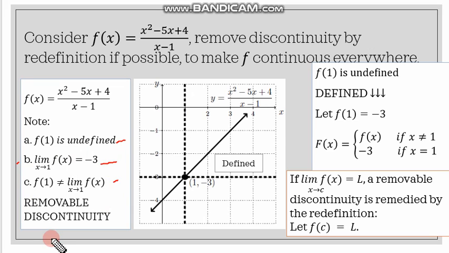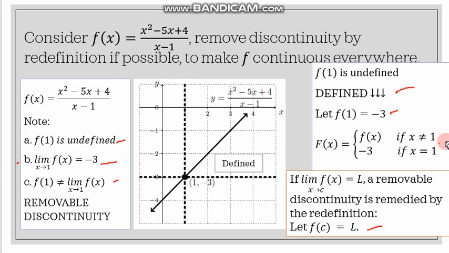Now, in order to fix this one, f of 1, which is undefined at first, we will define it. In what way? We will have the redefinition and we will let f of c equal to the limit. The limit is negative 3. So we will let f of 1 equal to negative 3.